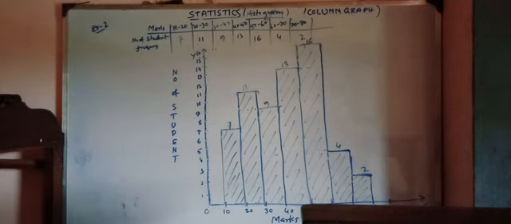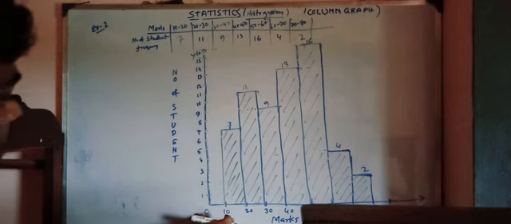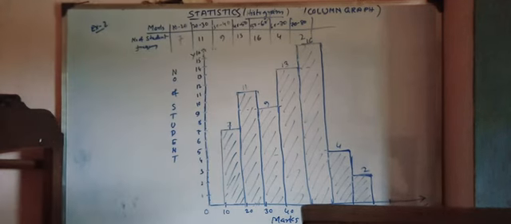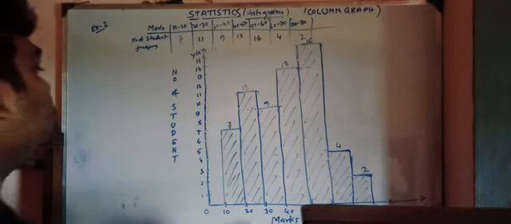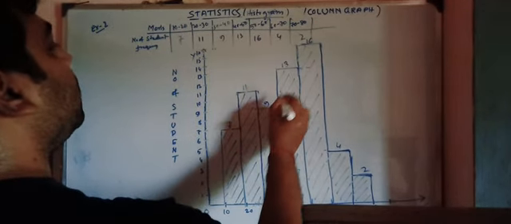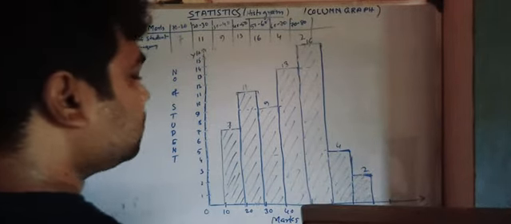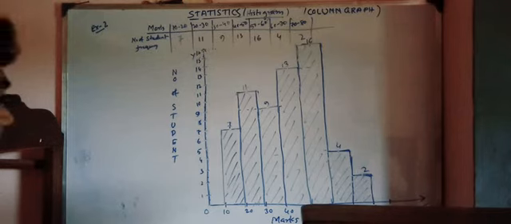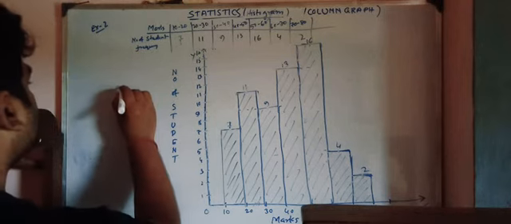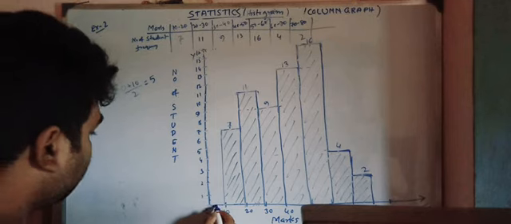We have to take one extra interval from where the histogram is ending, and one extra interval at the beginning. Now we take the midpoint of the histogram bars. So we should start from 0 plus 10 by 2, that is 5. So we should start from 5, the midpoint.